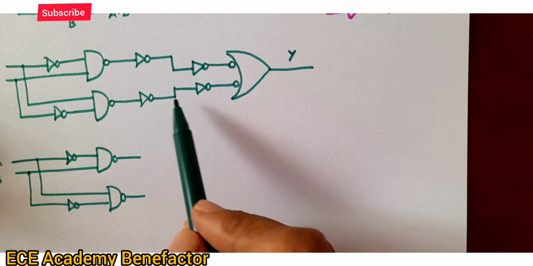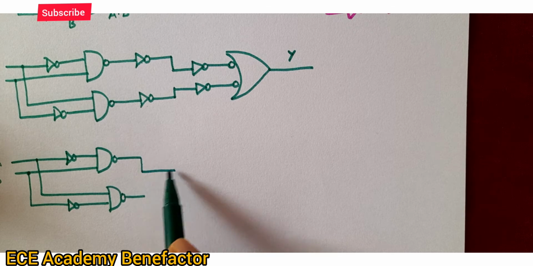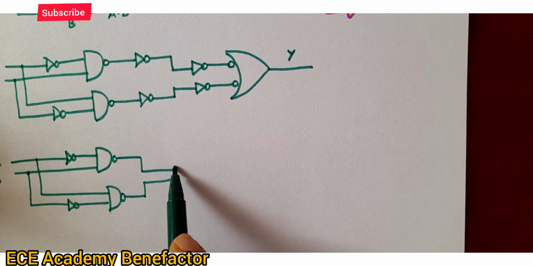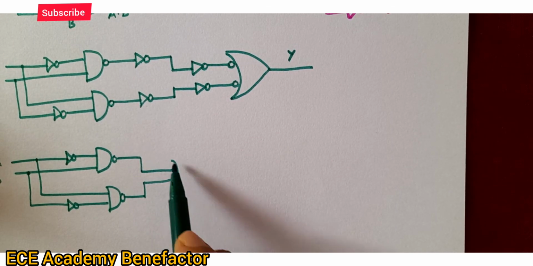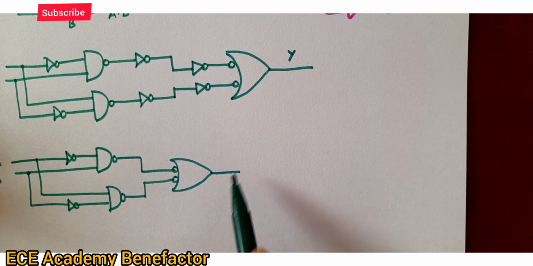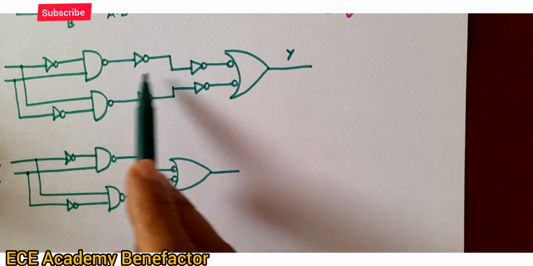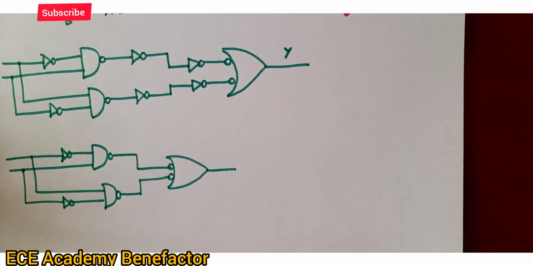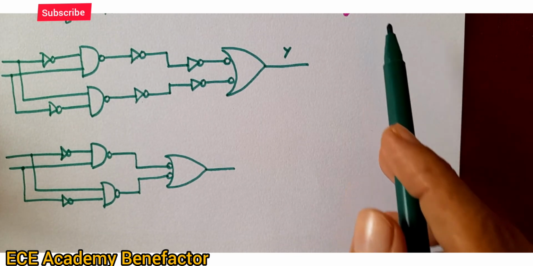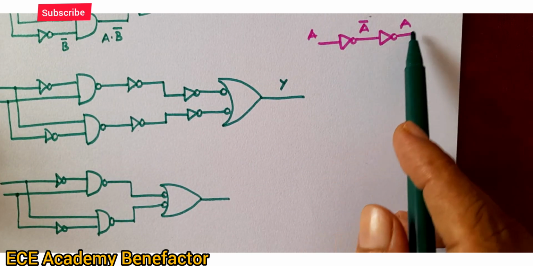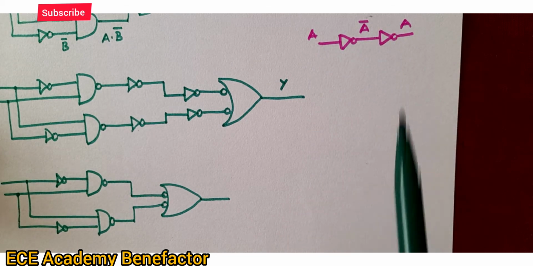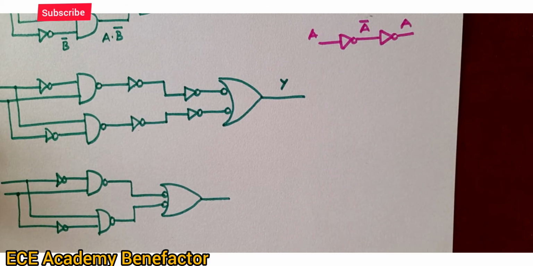These two NOT gates are cancelled, so you are left with only a bubbled OR gate. Yes, these two NOT gates are cancelled because of this reason: two NOT gates give the same input. The output will be same as your input.